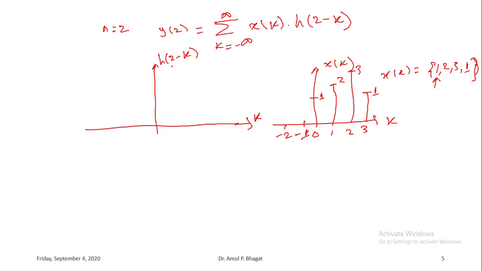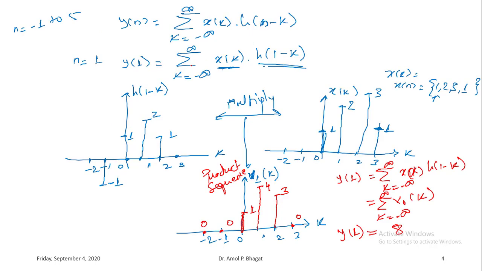Okay, so h of 2 minus k can be obtained from h of minus k or h of 1 minus k. If you are obtaining it from h of 1 minus k, you will be shifting h of 1 minus k by one to the right. So you have this h of 1 minus k, and this sample will now be at 3, this sample will be at 2, this sample will be at 1, and this sample will be at 0.